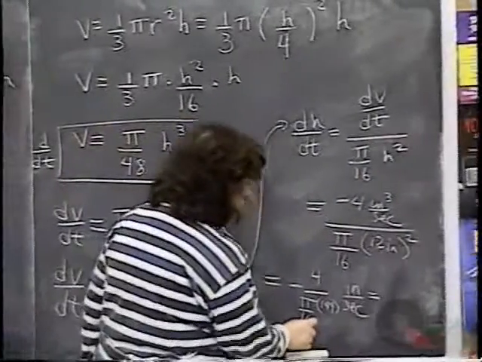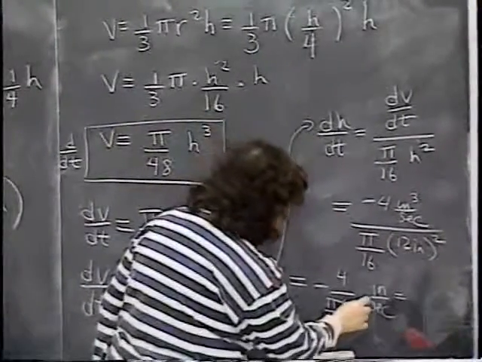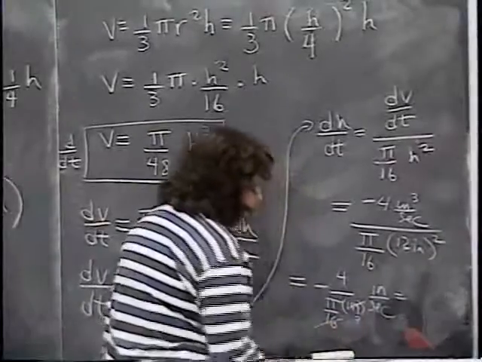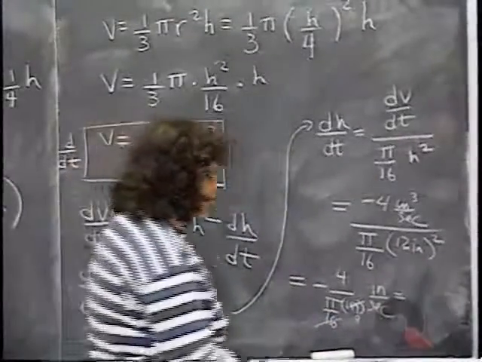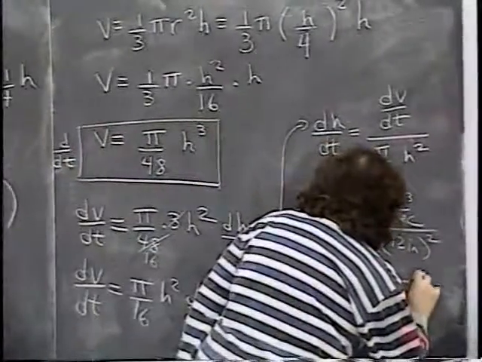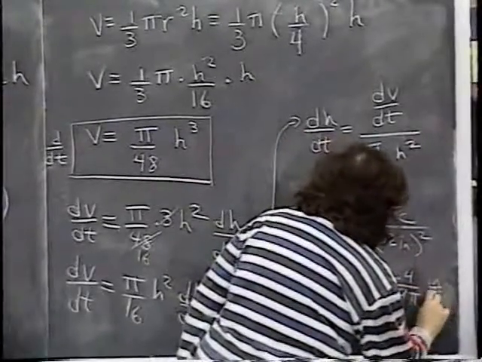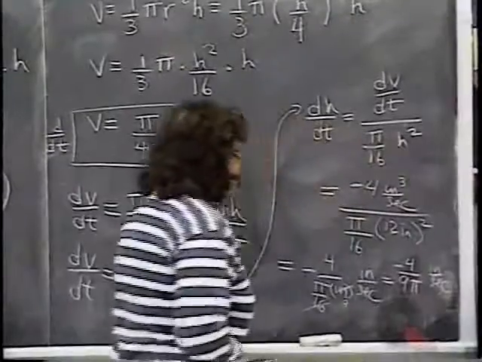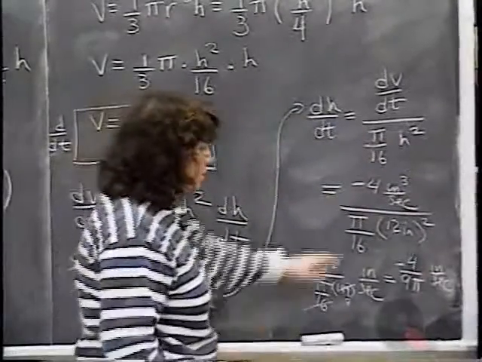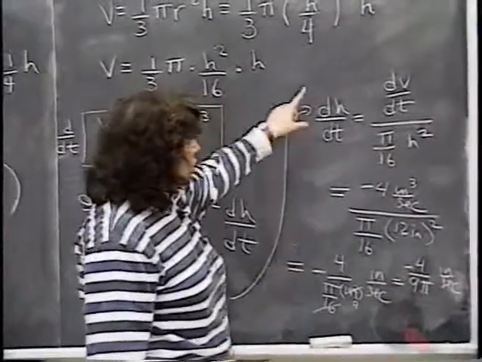Now 16 goes into 144 9 times. So our final answer is minus 4 over 9 pi inches per second.